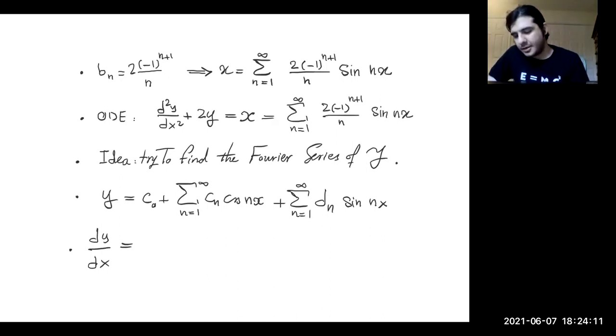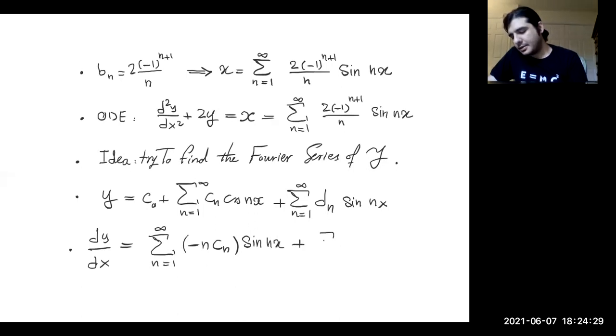So the derivative of c naught would be 0, the derivative of the first sum would be equal to sigma n goes from 1 to infinity minus n Cn sine of nx, plus the derivative of the second sum would be n dn cosine of nx.